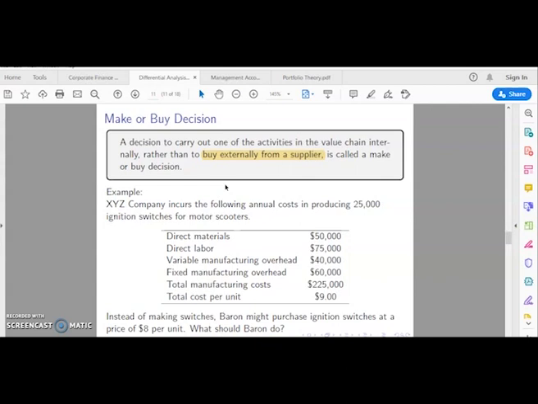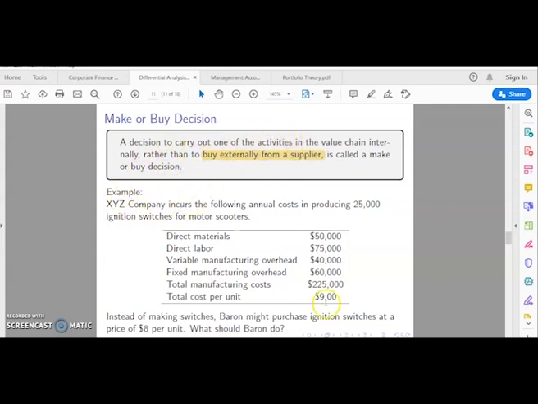In some industries, you don't want to produce every single component part that you need for the final product. Sometimes it's more profitable for you as a manager of the company to buy the product from an external supplier, and sometimes it might be the other way, making all the components and parts of the product in your company internally.